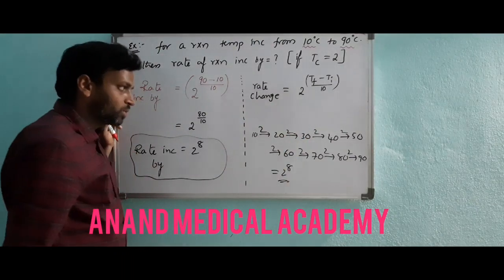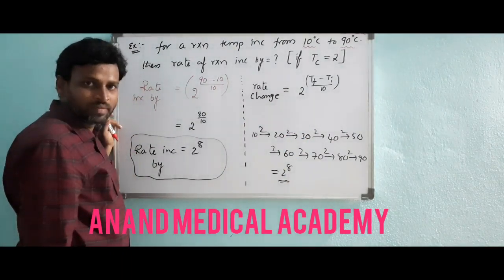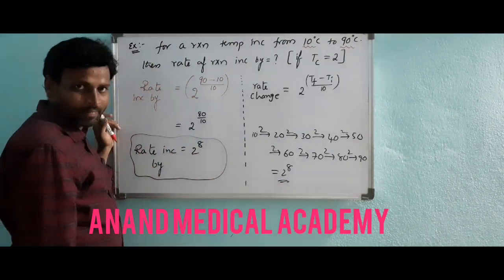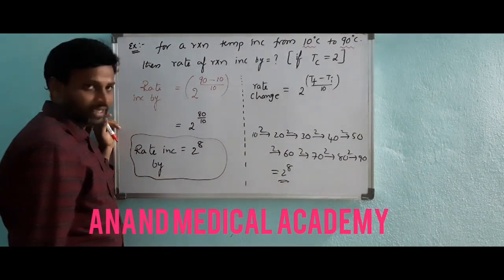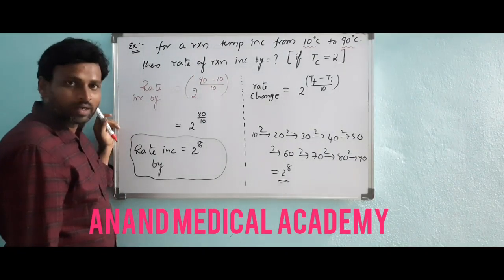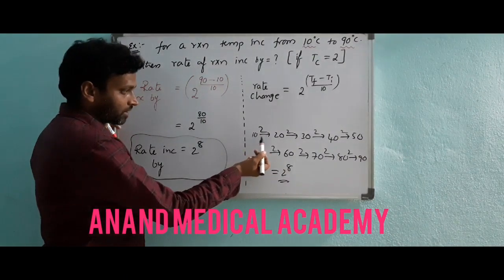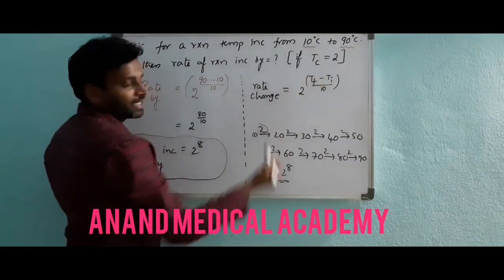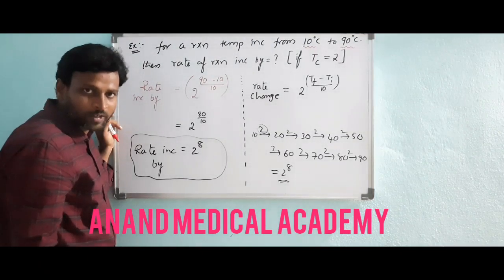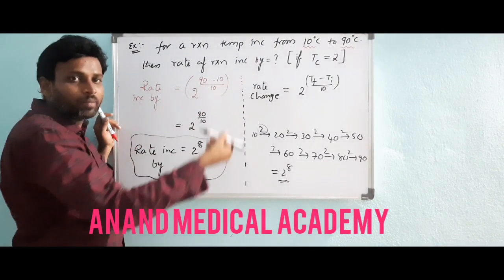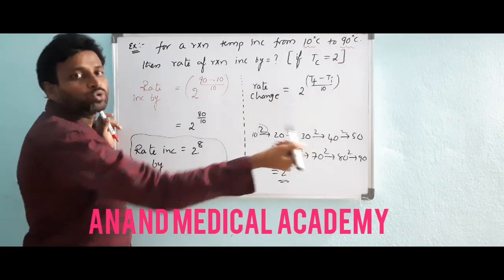Like this, without the formula also you can do it, because the temperature is changing from 10 degrees to 90 degrees. Why did you take 2 here, sir? For every 10 degrees Celsius, the temperature coefficient is 2. They provided this. Temperature coefficient means the ratio of rate constants at temperatures differing by exactly 10 degrees Celsius is equal to 2.